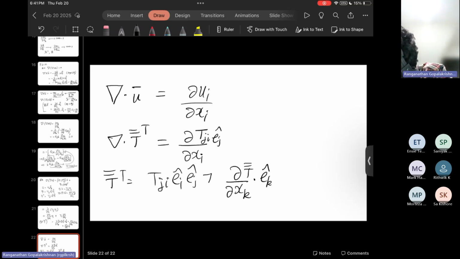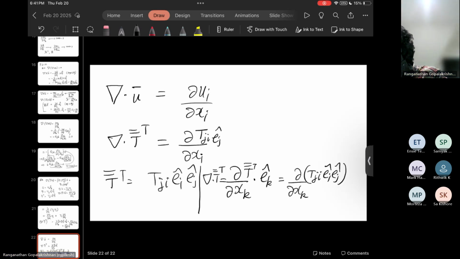This is the divergence of T transpose. This is equal to the partial derivative with respect to x_k. What is T transpose? That will be T_ji e_i e_j dot e_k.